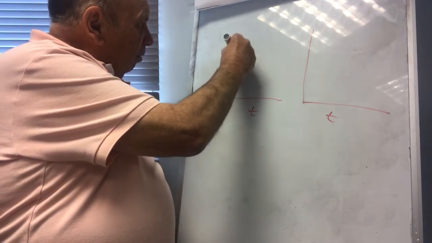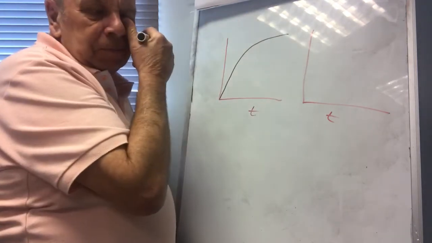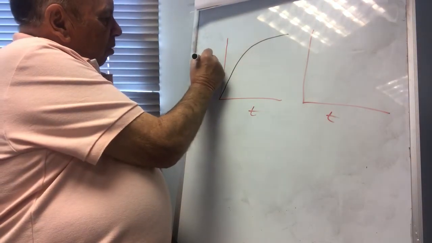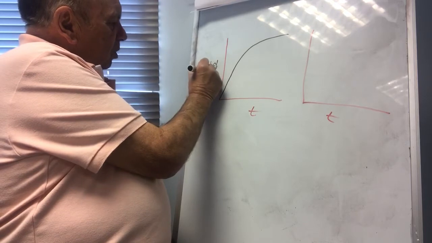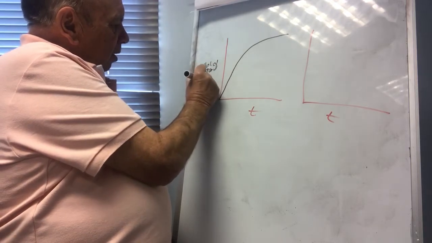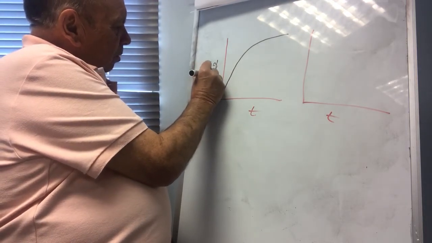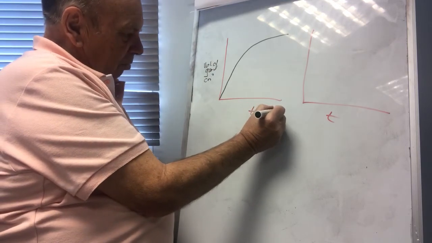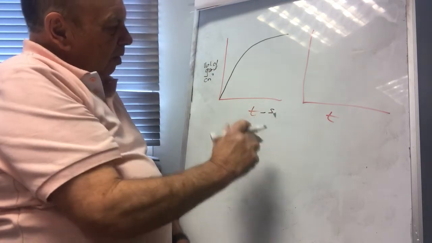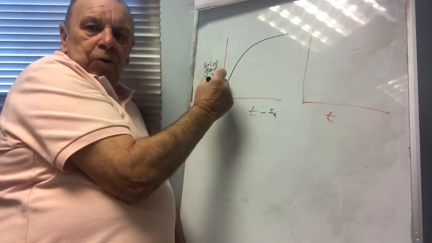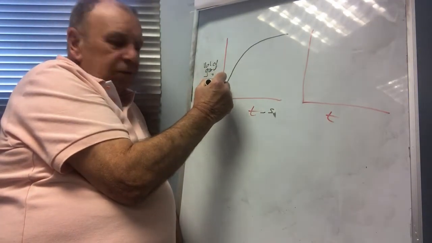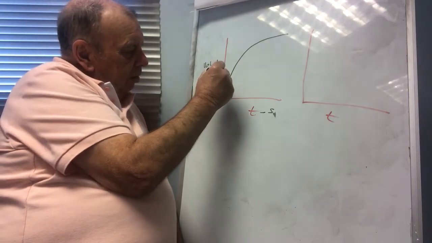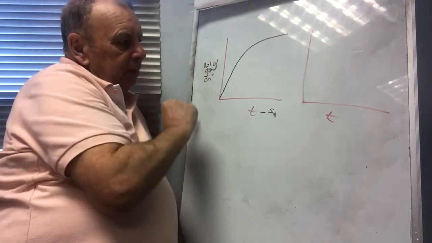The profile looks a bit like that. This is the volume of gas in cm cubed, and this is time in seconds. You can see there that the rate of reaction is quickest at the start and it slows down.